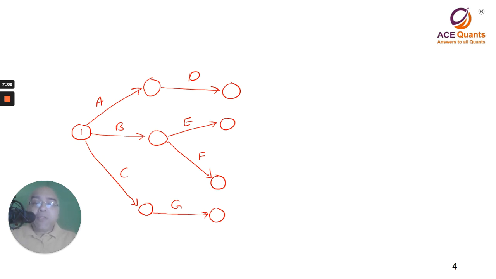Now, H depends on completion of D and E. What does it mean? It means that there should be one point where both D and E have finished, whereas here I am showing there are 2 points where we have got D and E finishing. So I'll make a small change. And what is the small change?